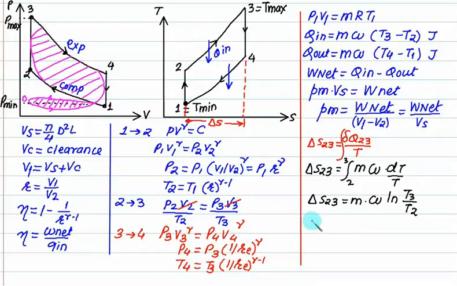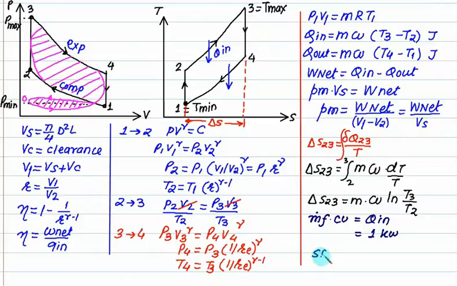Now, the relation for m dot f into calorific value is the heat supplied in actual practice. So how much fuel shall I supply to produce 1 kilowatt of power? That will be called SFC.